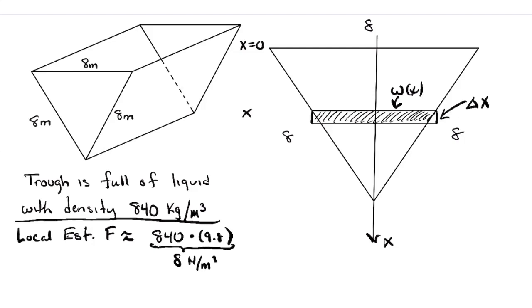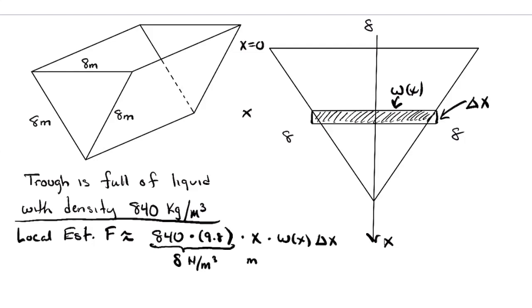And so I have to multiply that weight density by the volume of fluid pushing on this little rectangle. Well, that volume of fluid has a depth x, that's measured in meters. The area of that rectangle is whatever W of x is times delta x.